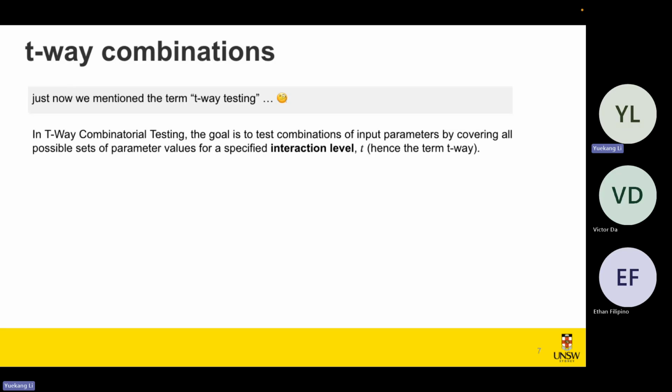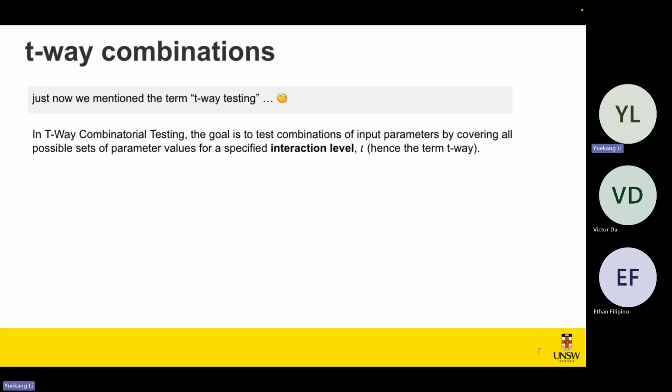The key here is that a system can have many inputs, and we can have as many combinations as we can get by combining all the inputs. However, we somehow need to limit the number of combinations.